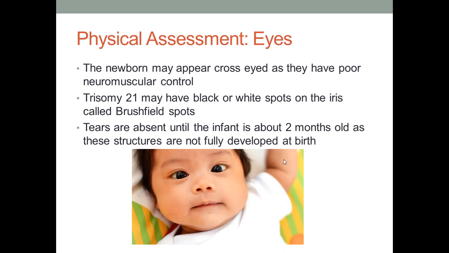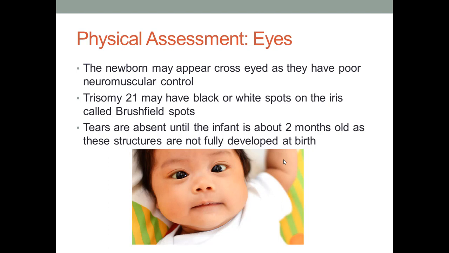Continuing on eyes, a lot of newborns actually appear cross-eyed. They have poor control of their eyes, so it's not uncommon for them to look cross-eyed. Sometimes there are black or white spots on the baby's iris.